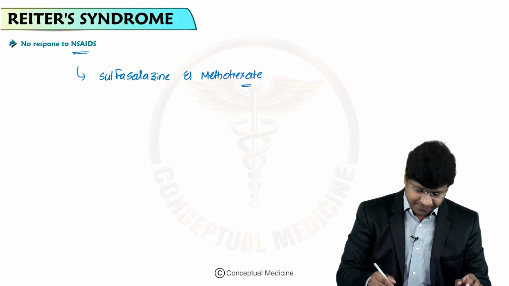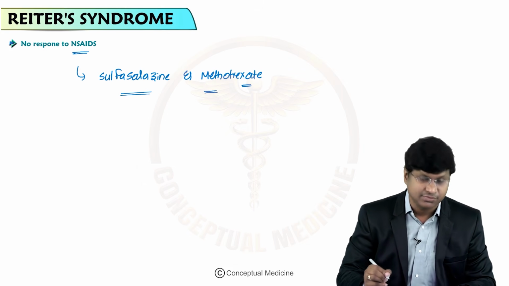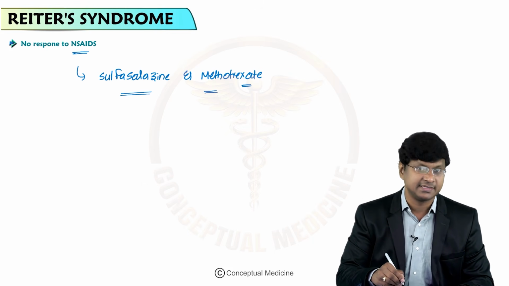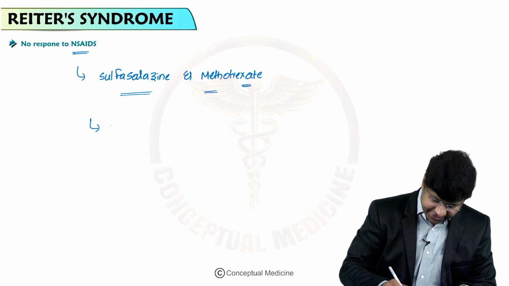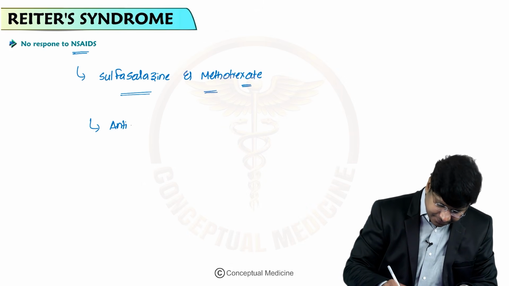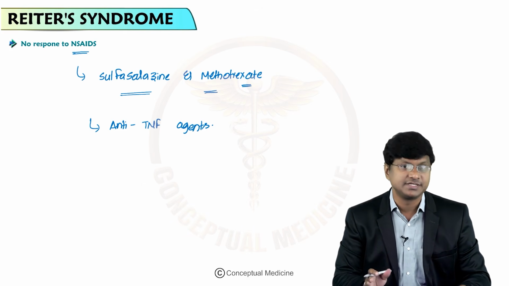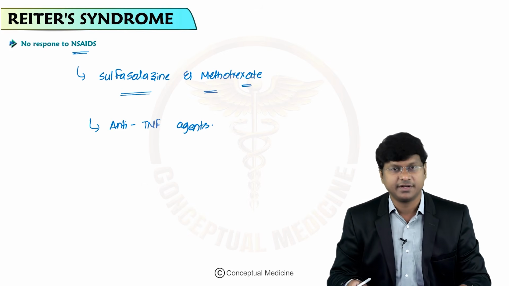So in those individuals who are not responding even to NSAIDs and methotrexate and have recent onset arthritis, we need to give anti-TNF agents. The drug of choice will be NSAIDs, but in those not responding to NSAIDs, these will be the alternative drugs.